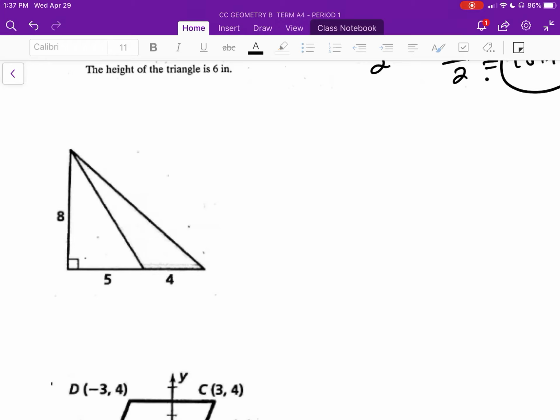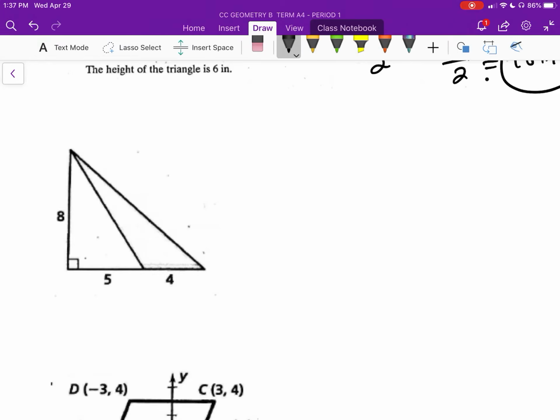In this example, you're being asked to find the area of the shaded region. So the area of the shaded region in this case, it's hard to see here, but it's actually this triangle here. So we're being asked to find the area of this triangle. Well, we don't have a way of finding that area because we don't know its height.